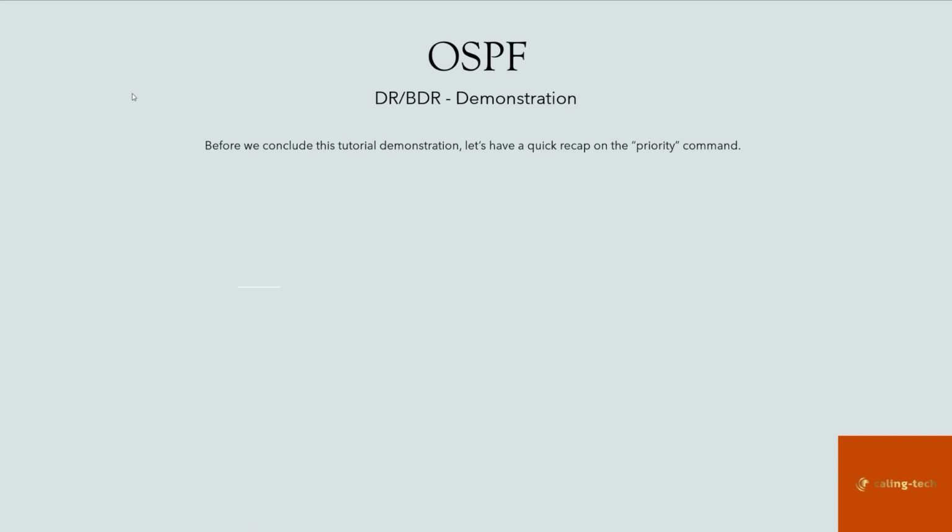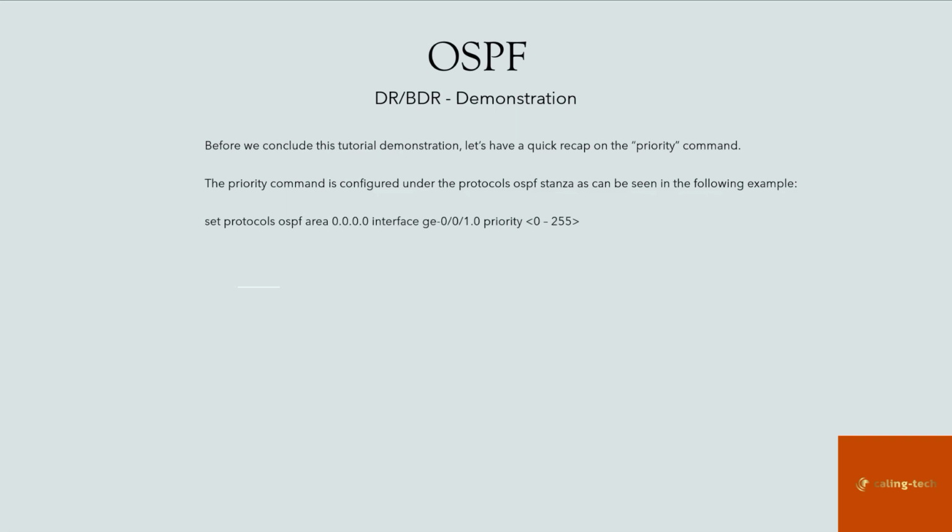So before we conclude this tutorial demonstration, let's just have a quick recap on the priority command. So the priority command is configured under the protocol's OSPF stanza, as we can see in the following example I show you now. So we do a set protocols ospf area, the area you require.